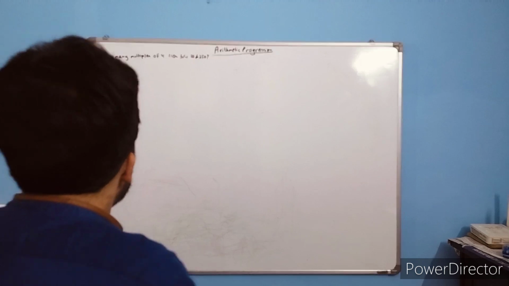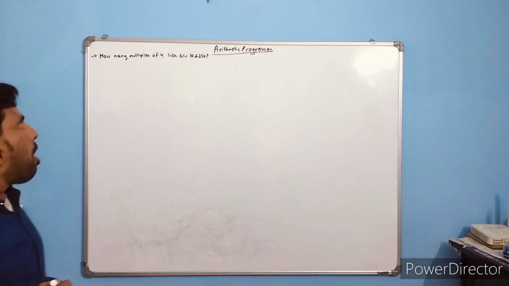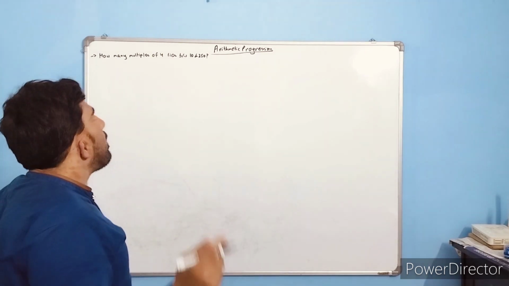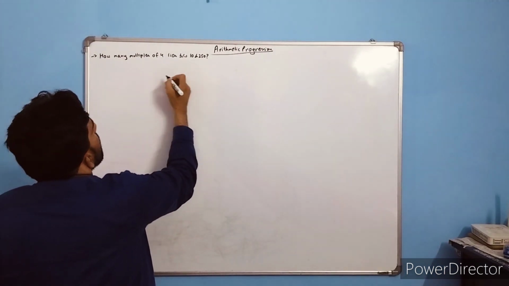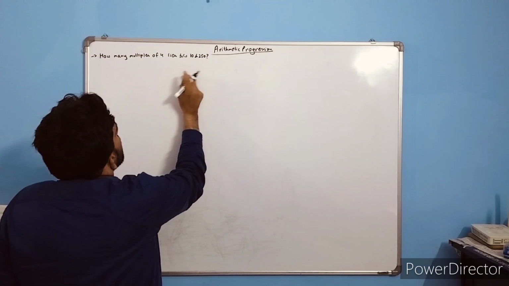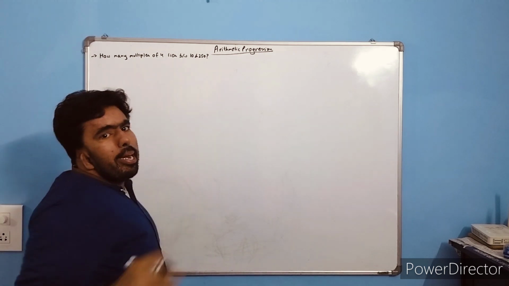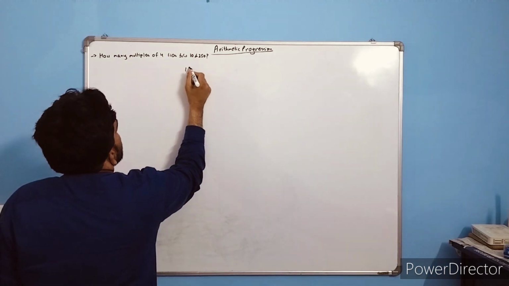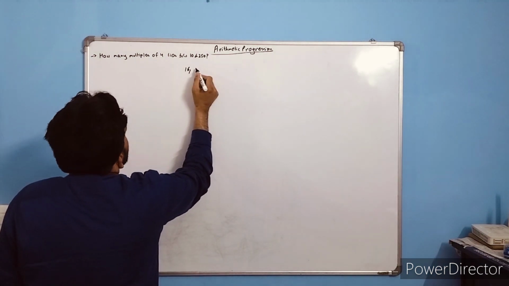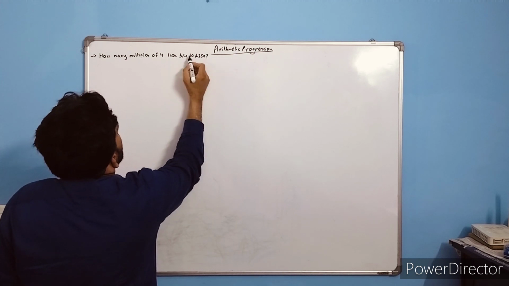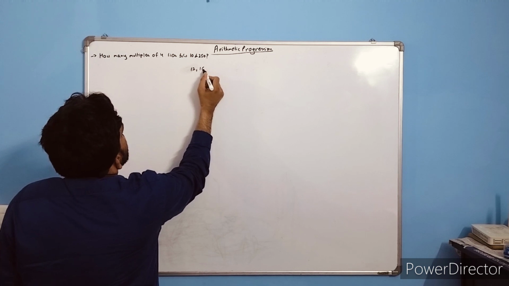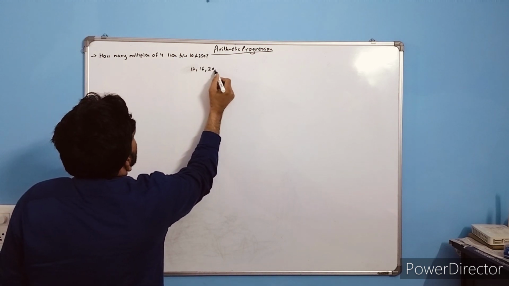Okay, now we have one more numerical regarding this. How many multiples of 4 lie between 10 and 250? So, how will you find the first multiple of 4 which lies between 10 and 250? Not 16, the first multiple will be 12, then 16, then 20, like this.